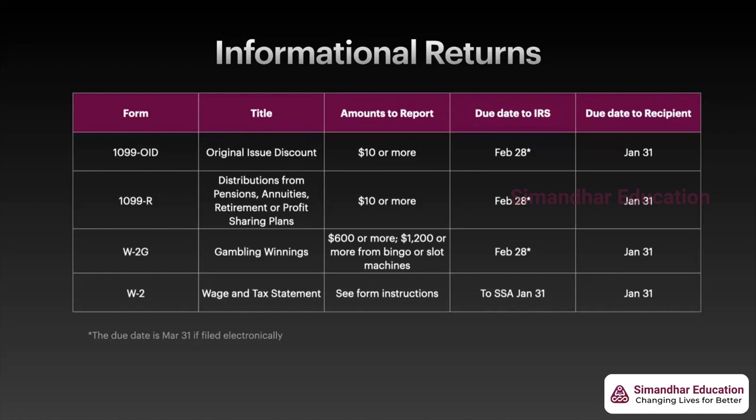W2 is more like a Form 16 that we receive in India. So this is a wage and tax statement where all your salaries, all your commissions, bonuses that is generated is reported by your employer, and your employer files this W2 with the Social Security Administration by January 31st of every year.